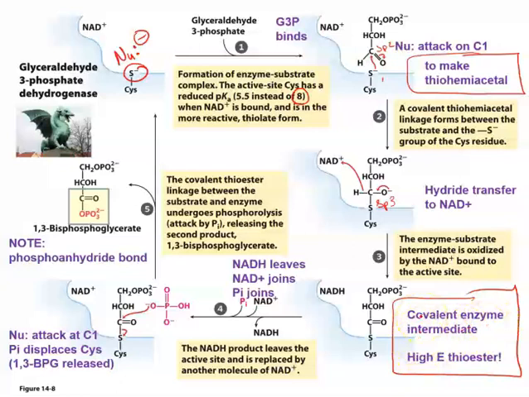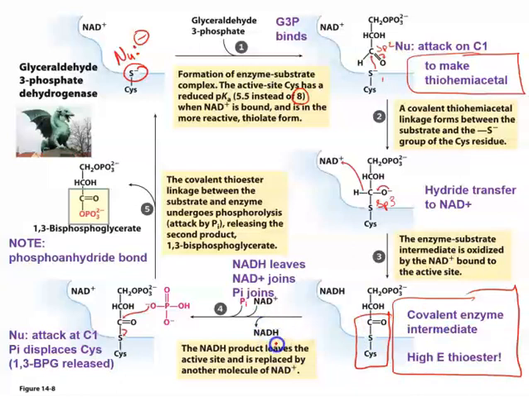So we're constraining that enzymatic intermediate to the enzyme active site so it doesn't diffuse away and we have to have it come back onto the enzyme. This covalent enzyme intermediate has a high energy thioester linkage. And this high energy thioester linkage will be cleaved in the next step. The cleavage of this bond provides the release of energy to drive this next step forward.